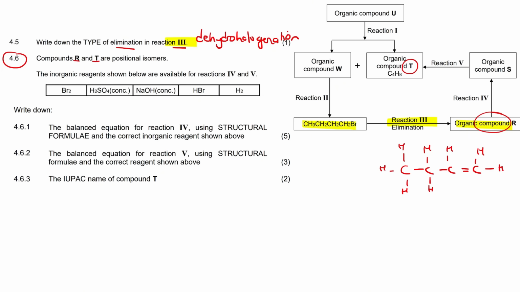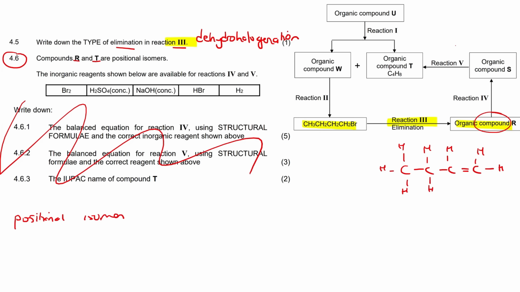So it says that R and T are positional isomers. Okay, I'm actually nervous to even look at this stuff. So let me quickly just talk to you a little bit about what positional isomers are. Positional isomers, first of all, are isomers, okay?